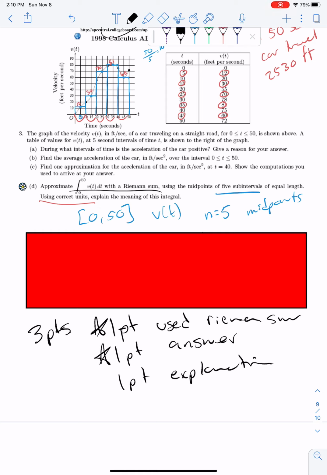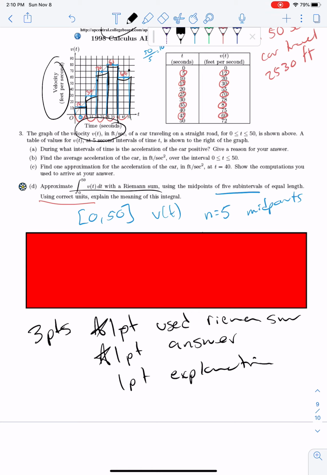And that's something that happens a lot because some people, because we're finding area, automatically assume that units are squared. But remember, we're finding the area of whatever our x units on the bottom are multiplied by our y units. So the area isn't always unit squared.